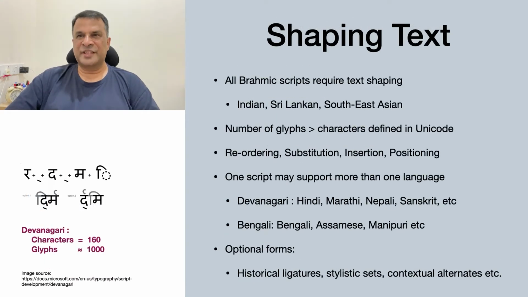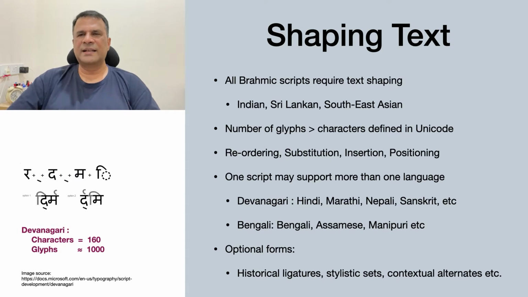A little bit about shaping text for those who have not built Brahmic fonts. All Brahmic fonts require text shaping. They can be Indian languages, the Sri Lankan Sinhalese language, or Southeast Asian languages: Thai, Cambodian, Myanmar (Burmese), Balinese, Javanese, Lontara.